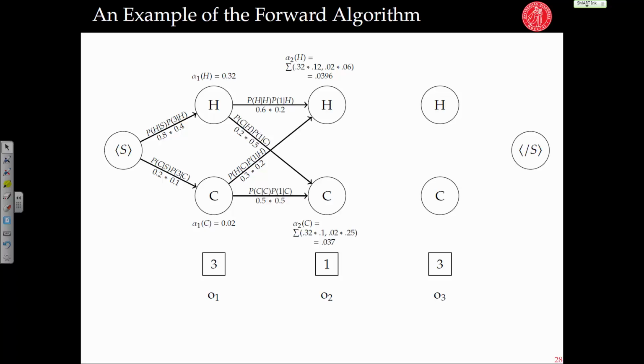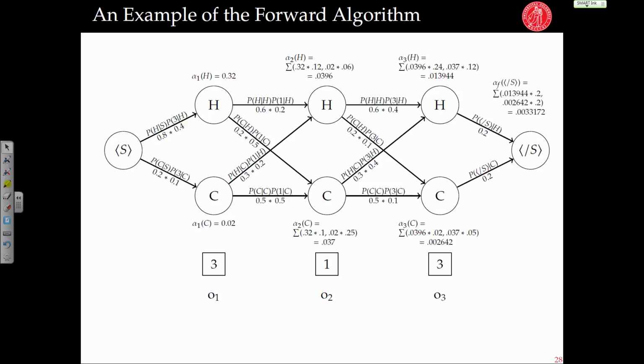And so on and so forth. We do the same, and we arrive at the final state or end pseudo state, and we have the probability of this observation sequence. Is this clear? Do you see the parallelism between the two algorithms?